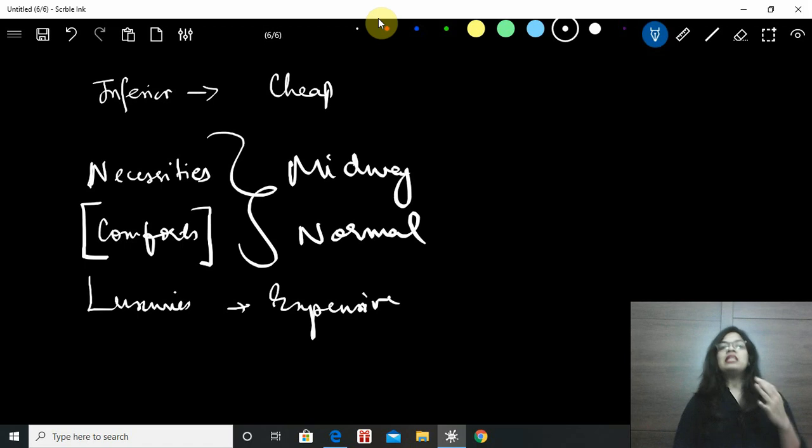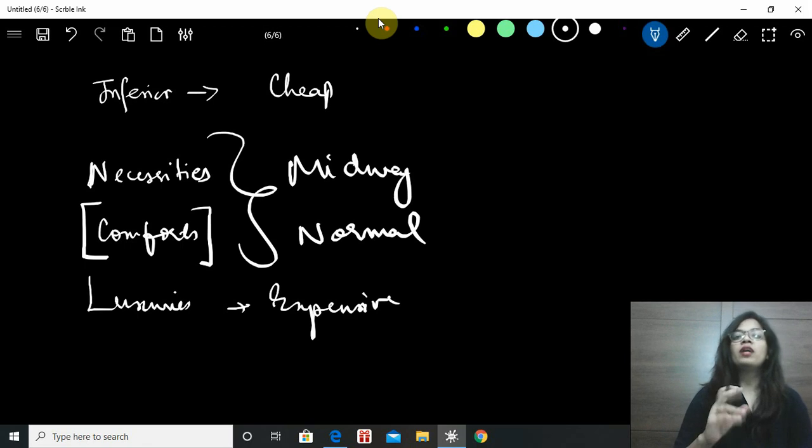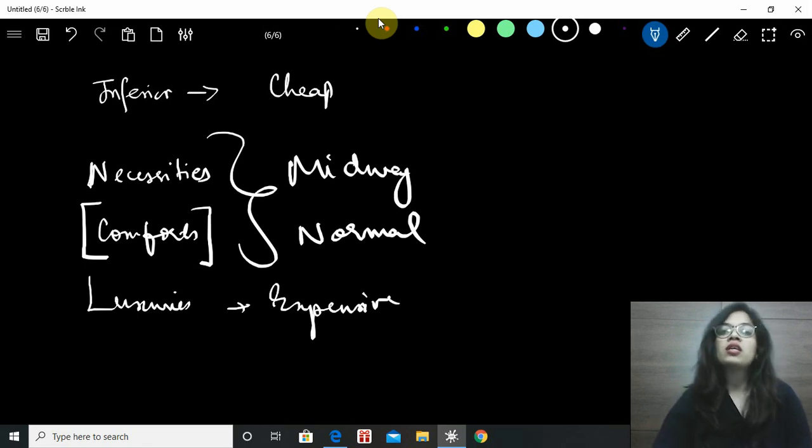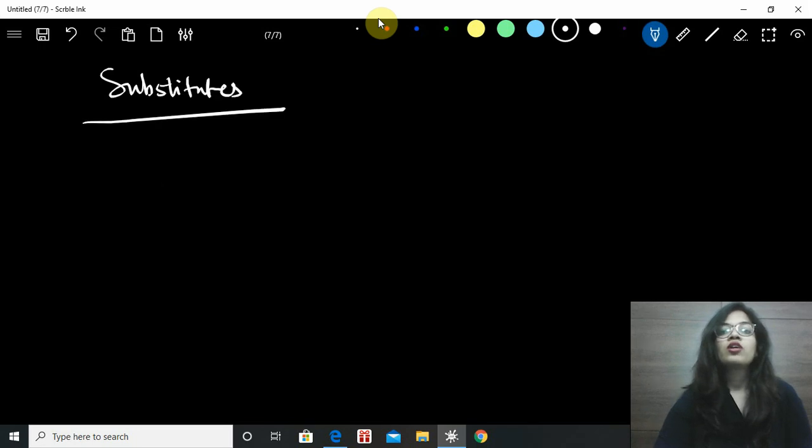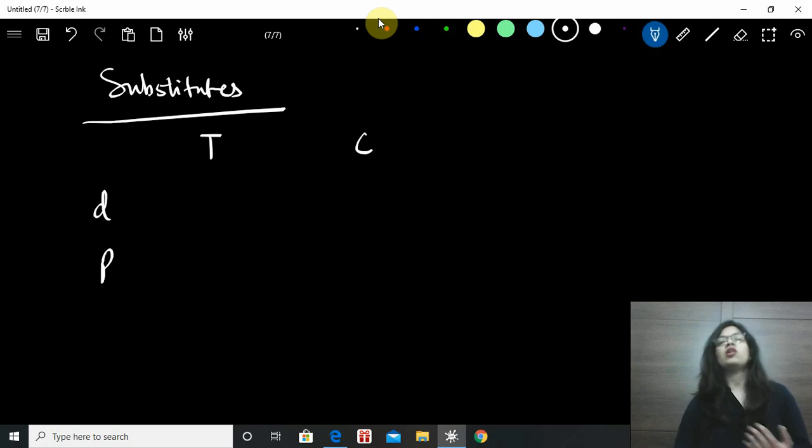Now there will be certain effects what a consumer will be undergoing while purchasing these different types of goods. The first thing is understanding the difference between substitutes and complements. Now when we talk of substitutes, suppose I take two kinds of goods which the consumer can easily substitute with each other. So suppose I take the example of tea and coffee, and it's a very simple logic actually.